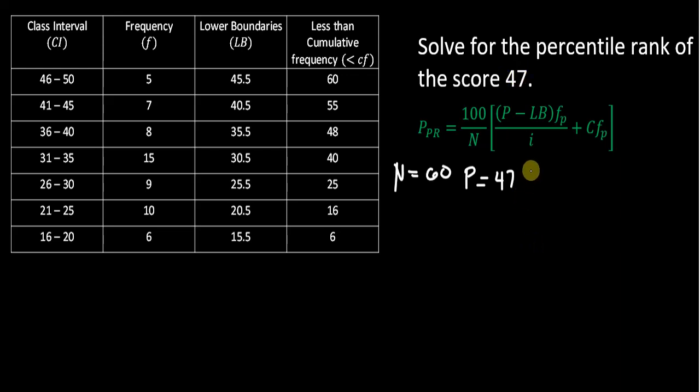Then, lower boundary. Sa lower boundary, hanapin natin kung asan yung 47 dito. Andito sa 46 to 50. Pasok yung 47 dito sa 46 to 50. So, magpo-focus tayo sa line na to. So, ang lower boundary niya is 45.5.